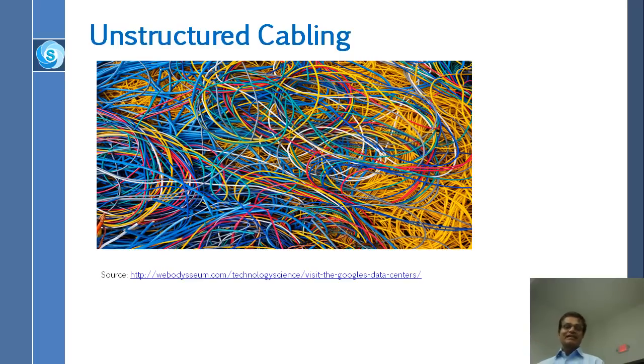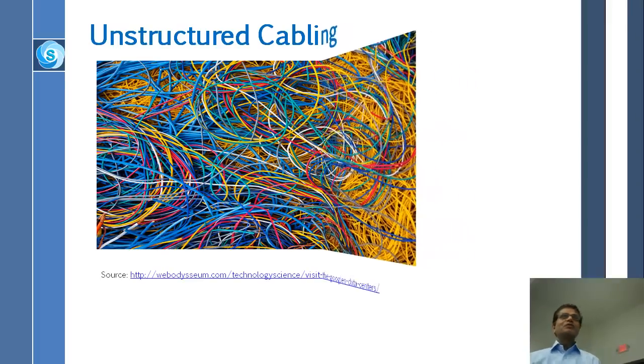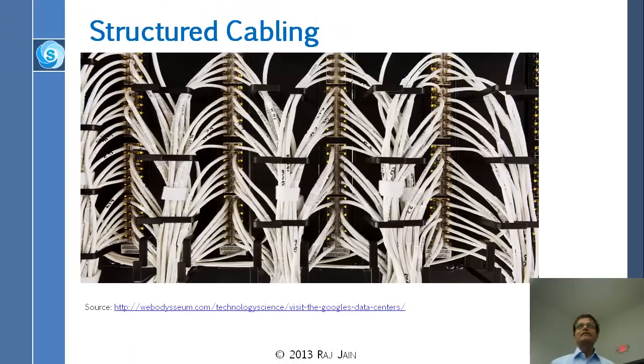And so what they want to do is more like this, where every cable is numbered and pretty well done. This is called structured wiring, and that is the norm today. Everything is very well structured, and you can figure out where it is coming from, where it is going, by looking at the cable and things like that.